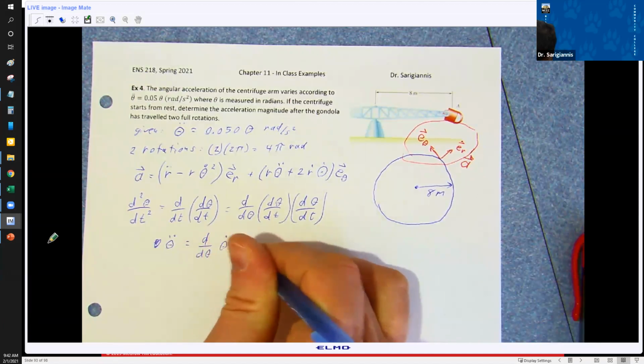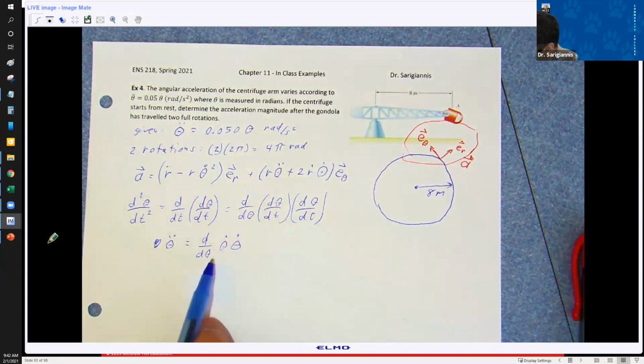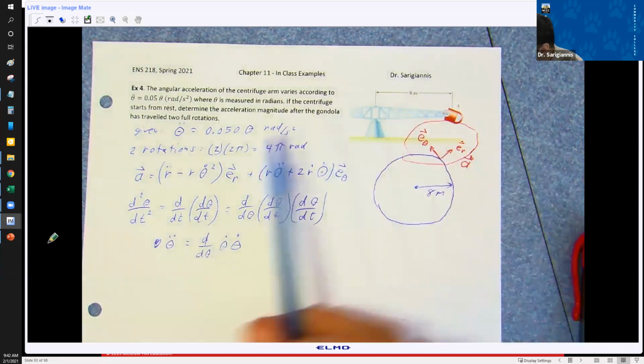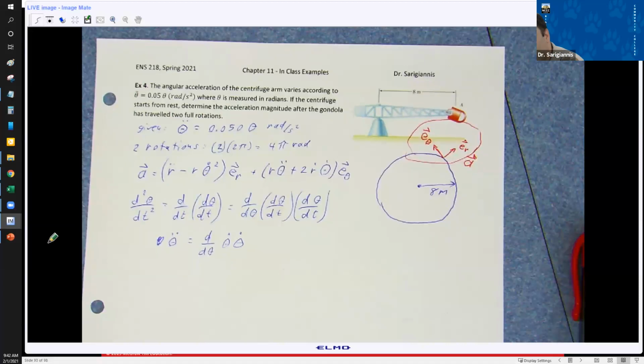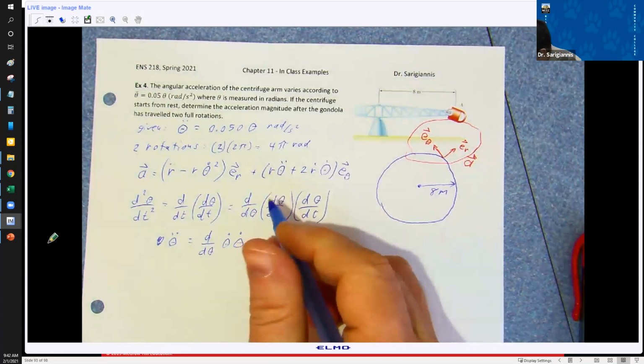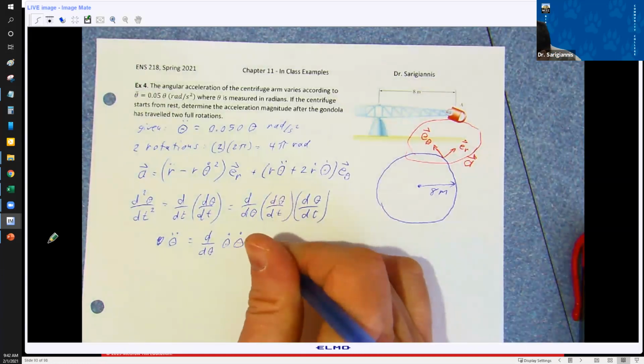This is saying the second derivative of theta with respect to time can be written in terms of theta dot and a derivative with respect to theta, because we're given this with respect to theta. So we have to do some kind of mathematical trickery to get this in some form we can use.